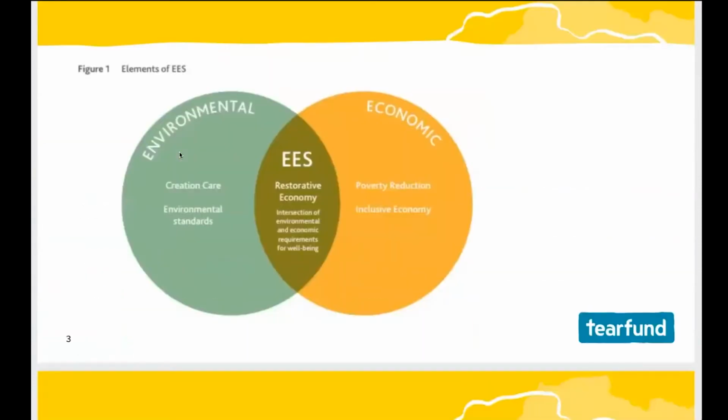So in Tearfund, since 5 years ago, we have developed 3 corporate priorities. This is one of them. Basically, we recognize that previously a lot of work has been done separately, either on environment or on the economic side, but there's not really much of a joined up response.